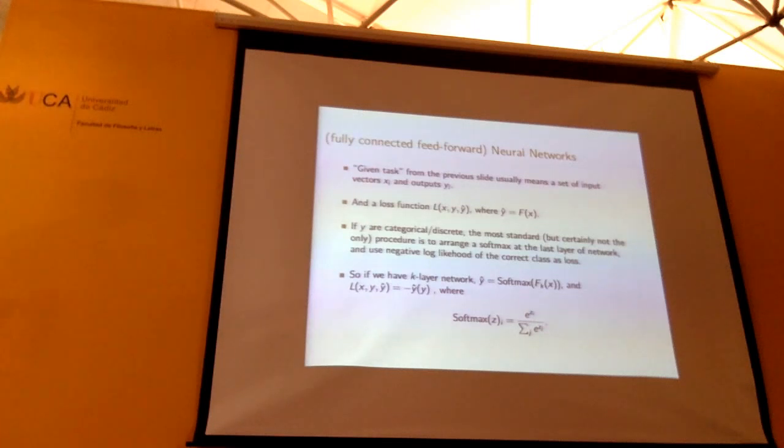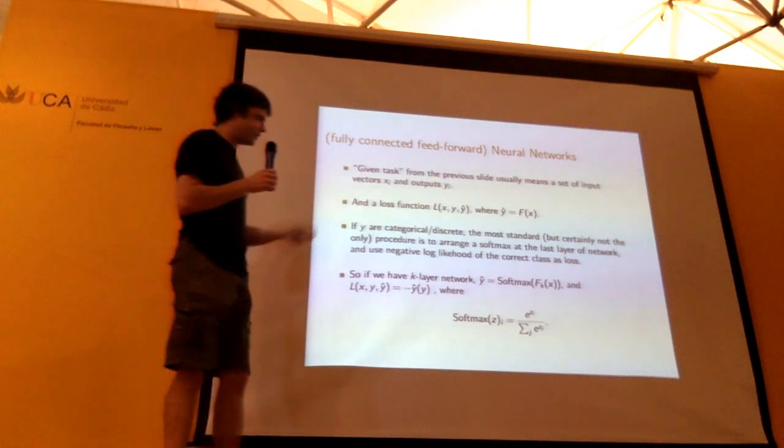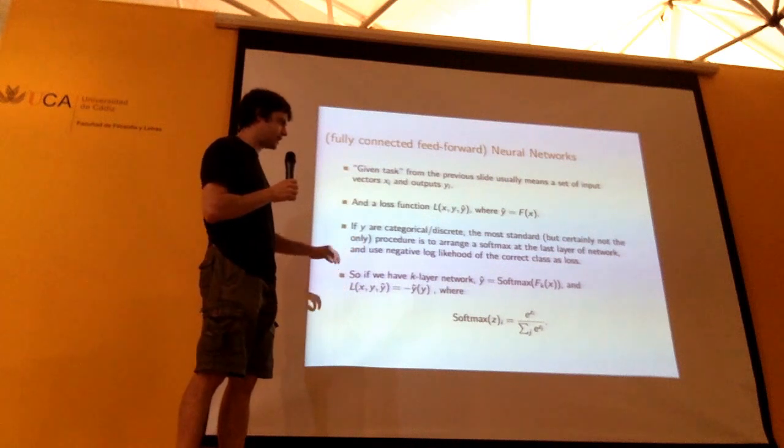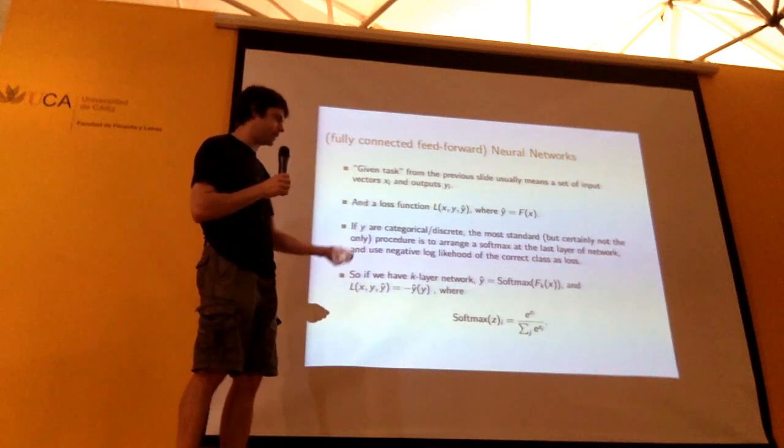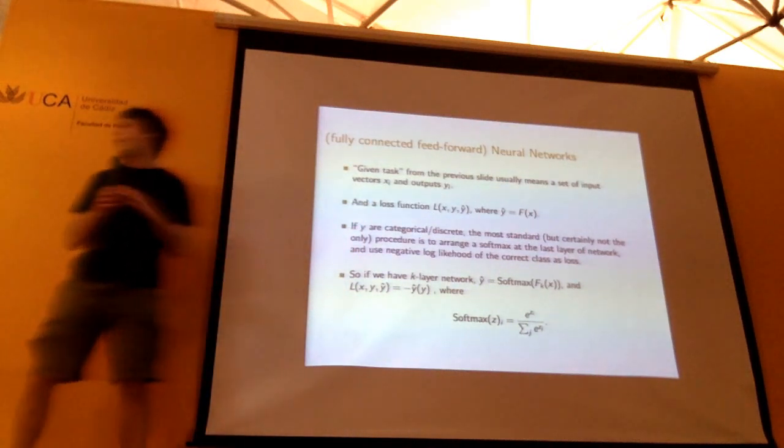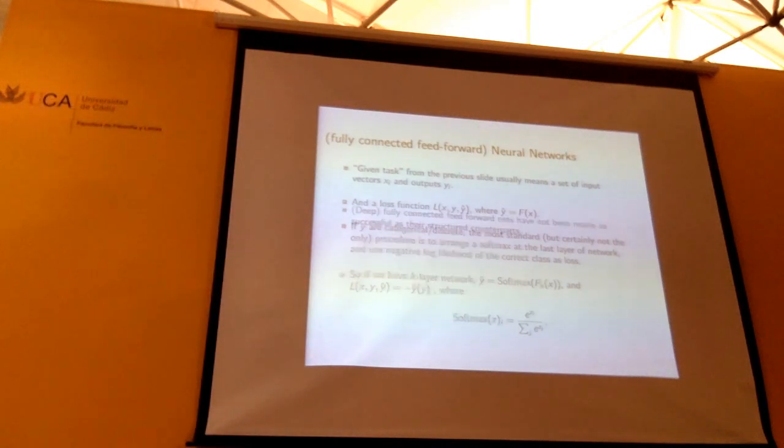The nice thing about that, by the way, is you can sample from it if you want. When we talk about RNNs later, it will be useful to know that we can sample from the output of the network.